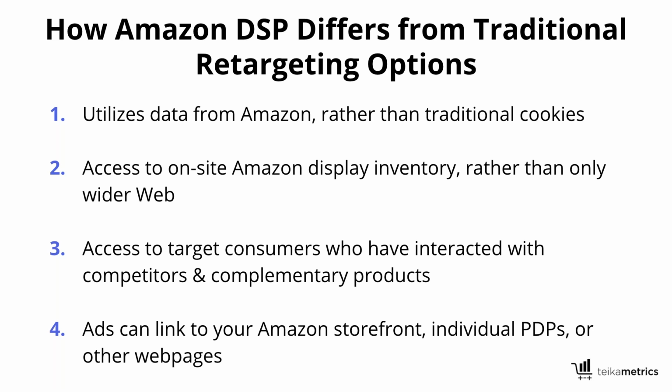Complementary products, again, this is just one of my favorite options that we have in the DSP. Let's say somebody bought new running sneakers. You're able to target them with socks. If somebody bought a new mattress recently, you're able to target them with sheets. Just think about your normal shopping behaviors that go hand in hand, but you need to get that complementary product from a different advertiser or a different brand.